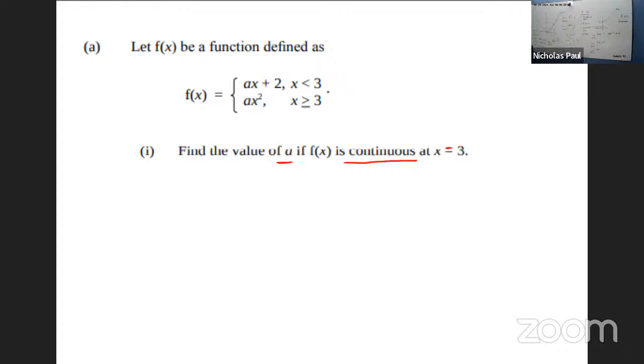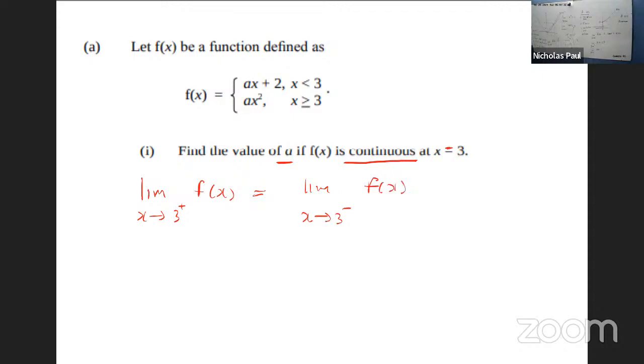Nice. So we know that the limit as x approaches 3 of f of x is equal to the limit. I want to do it both ways. So we know that the limit exists, so as we approach from the right and from the left, they are equal.